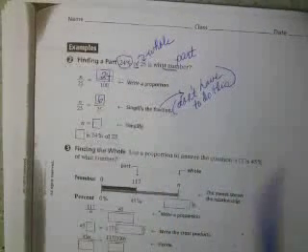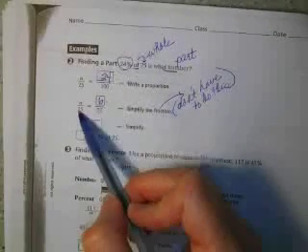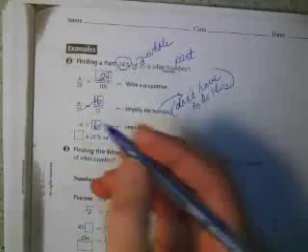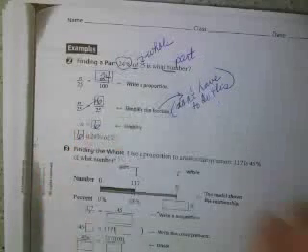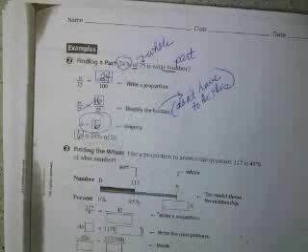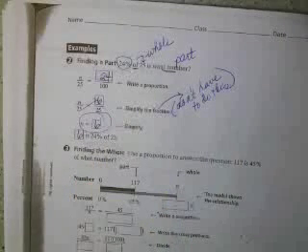So we'll follow what they did. We're going to do 25 times 6 and then divide by 25. That's going to give us the answer of 6. So 6 is 24% of 25.